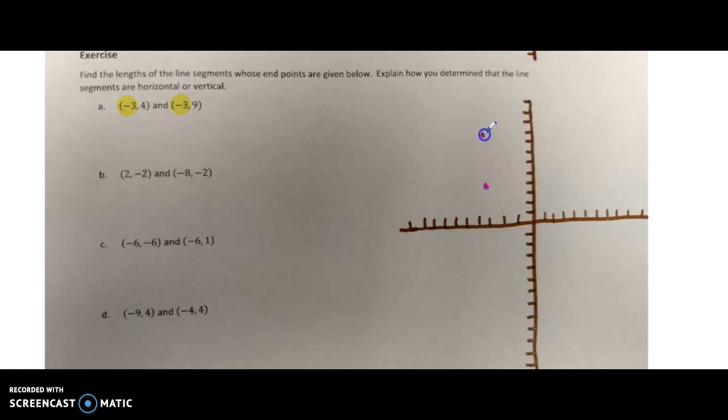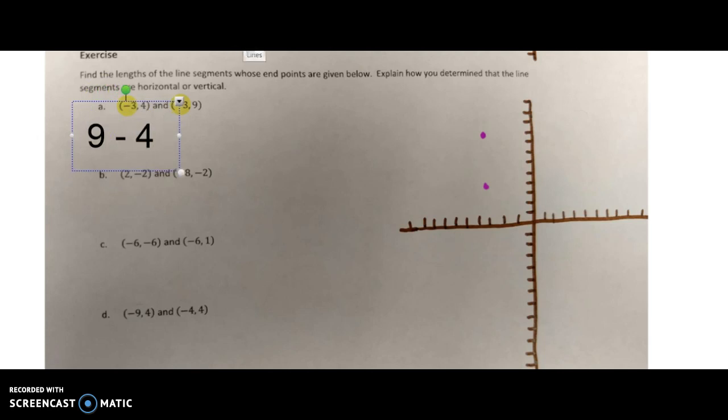So because both of those points have a positive y coordinate, they're in the same quadrant, which means to find their distance, I cannot add their absolute values, I must subtract their absolute values. So I'm going to take 9 minus 4.